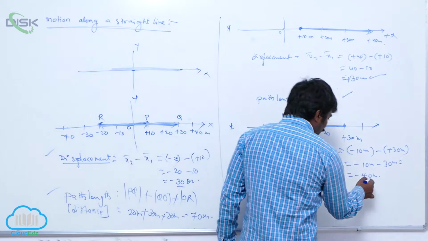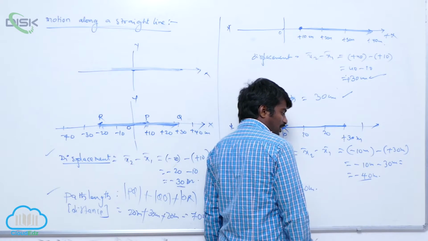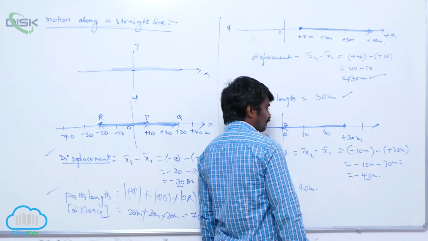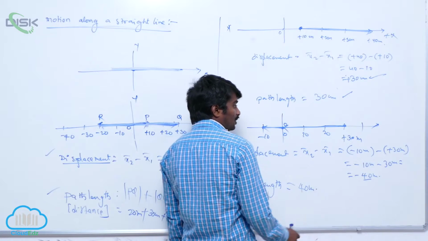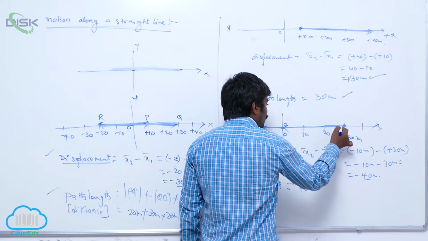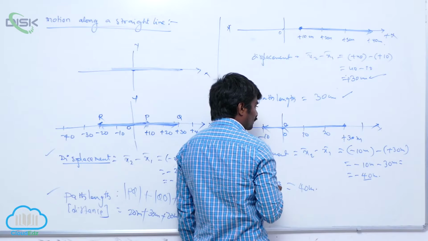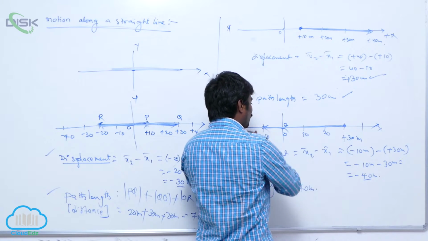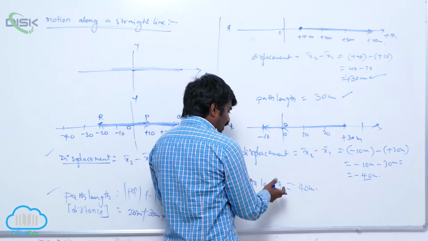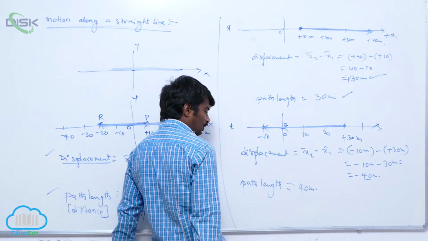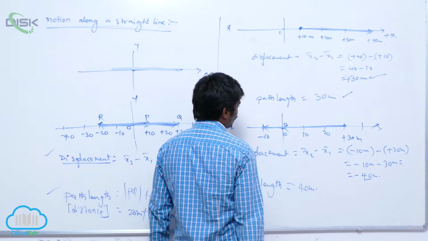Here 40 meters gives you the magnitude of displacement and negative sign gives you the direction of motion. And displacement direction is always from initial position to final position. That means it is along negative x-axis, so you got negative. But path length, only length of the path followed by the object, it is 40 meters.